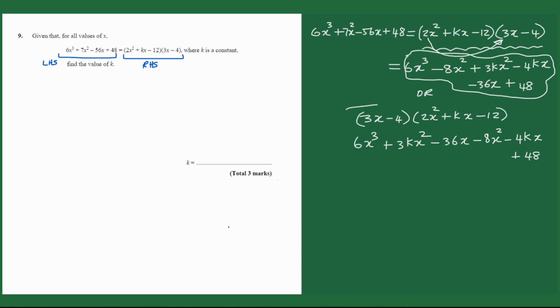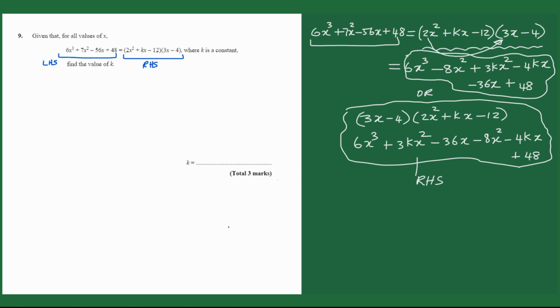So the answer we got here is exactly the same as this one. I'm showing 2 different methods. Sometimes people prefer this way. The second method, multiplying 3x minus 4 by 2x squared plus kx minus 12, is easy.